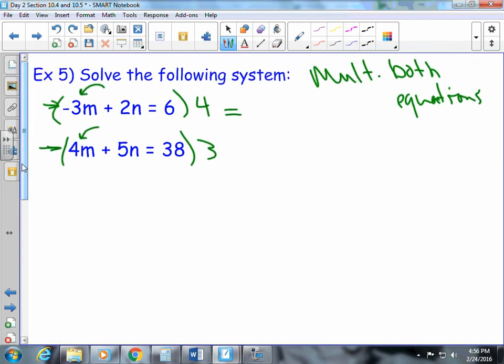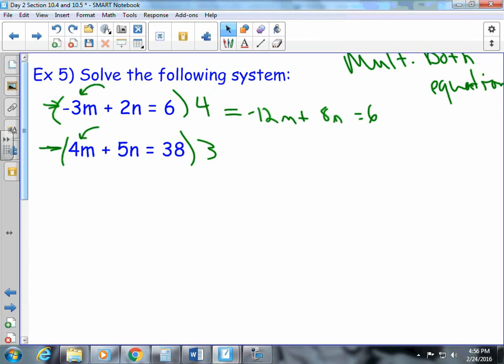When I multiply everything by 4, now I got negative 12m plus 8n is equal to 6. Move this out of the way here. And when I multiply everything by 3, now I got 12m. Now I got the situation I'm looking for there.